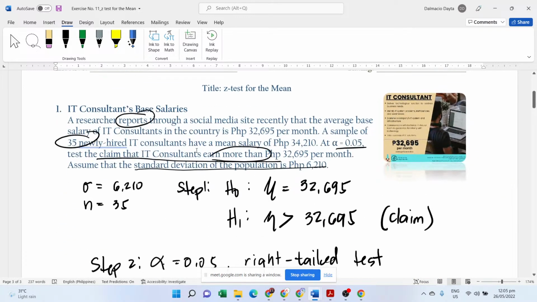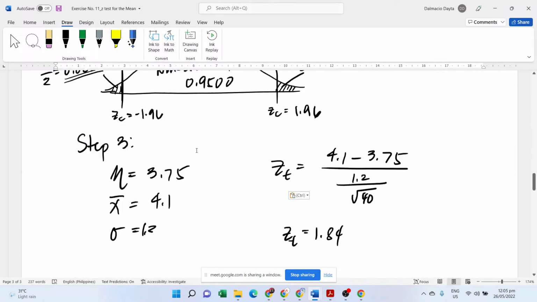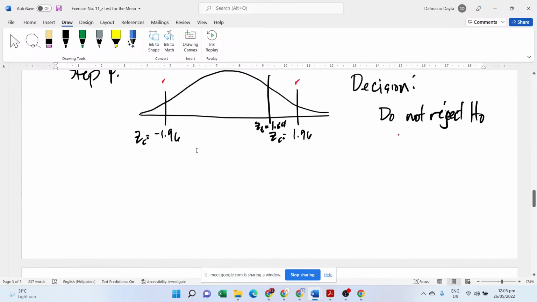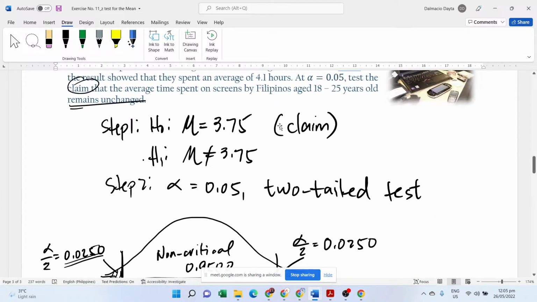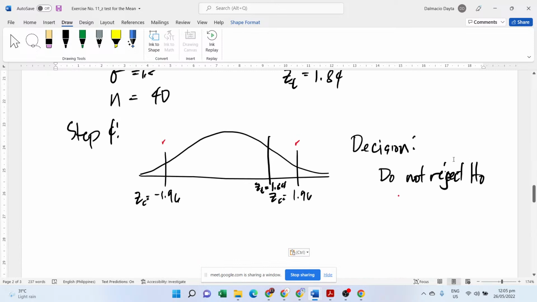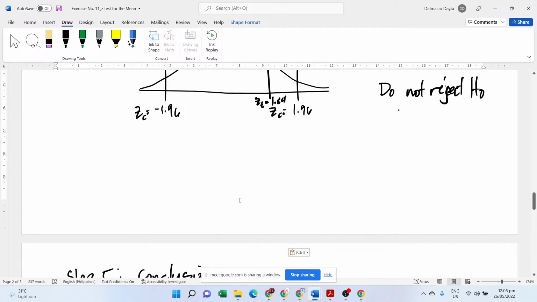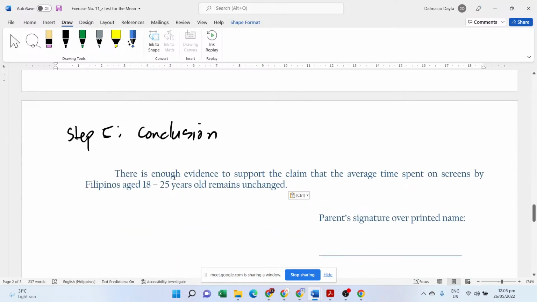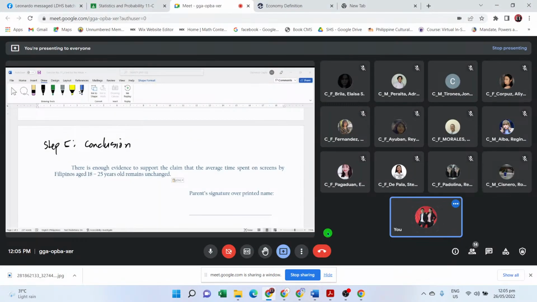Andun yung claim, balikan natin. Ayun yung claim, no? Is equal to 3.75. And we did not reject that by the result of comparing z-test and z-critical. So we say, there is enough evidence to support the claim that the average time spent on screen by Filipinos aged 18 to 25 years old remains unchanged.